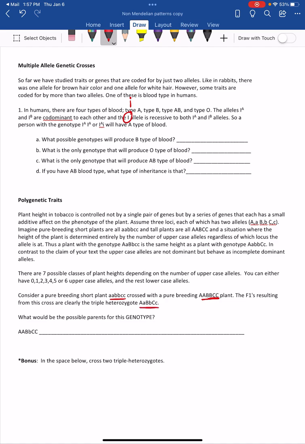Now, it said, what will be the possible parents for this genotype? So you're going to have all of the possible combinations for this genotype. All the parents are going to have at least one big A. So it can be a big A, big A, or a big A, little a. They're going to have at least one. They could have a big B or a little b.